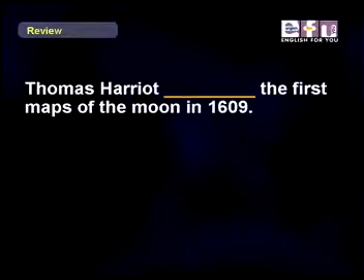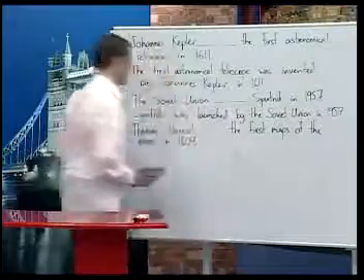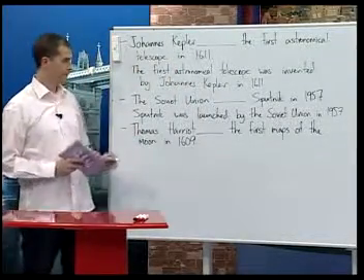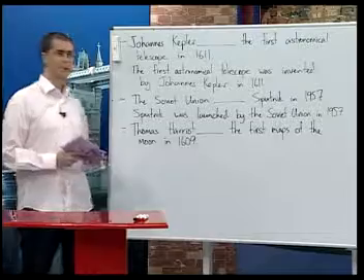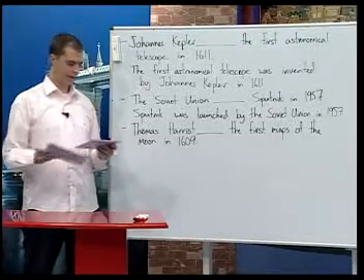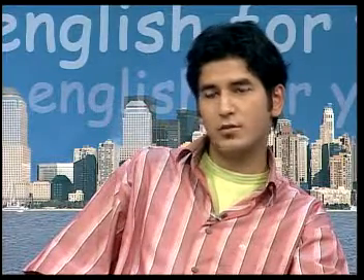Thomas Harriot, something, the first maps of the moon in 1609. The first maps of the moon were drawn by Thomas Harriot in 1609.